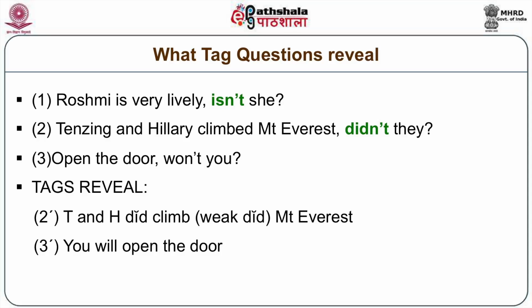If you take a main clause, open the door, and add a tag question, you get, open the door, won't you? Which indicates that there is a will hiding there in the imperative. It also shows that there is a subject hiding there in the imperative, the subject you. We therefore assume, we postulate, a transformation to handle imperatives, which is called imperative deletion.